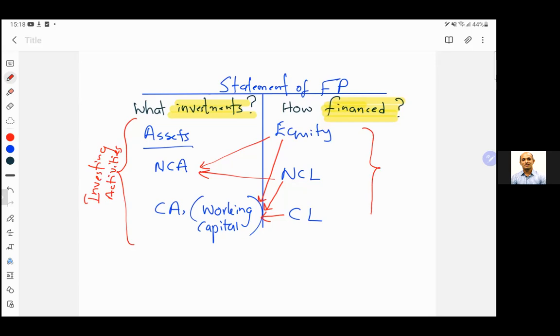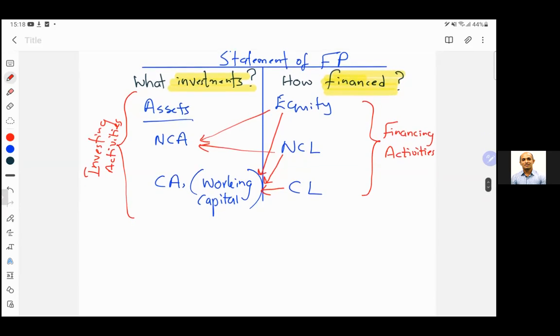Then these are financing activities. Once you have financed your investment, you have resources. Once your resources are acquired, assets are acquired, you have assets, then you can do the operations.